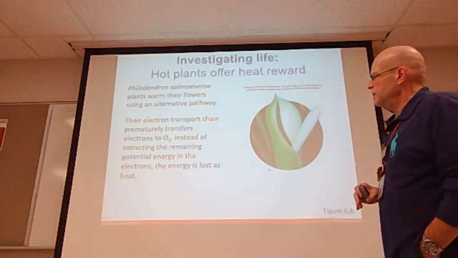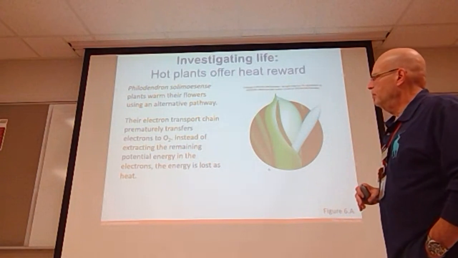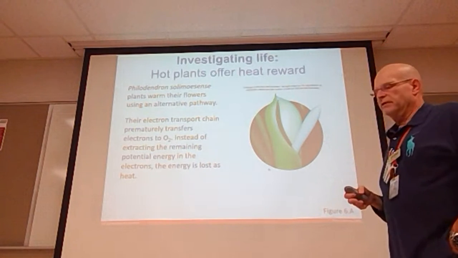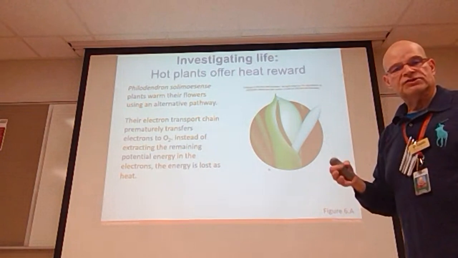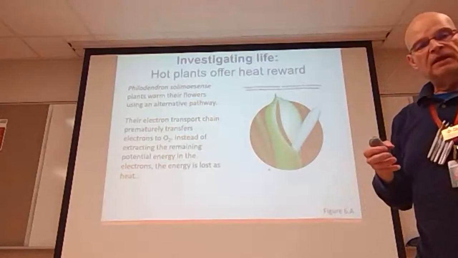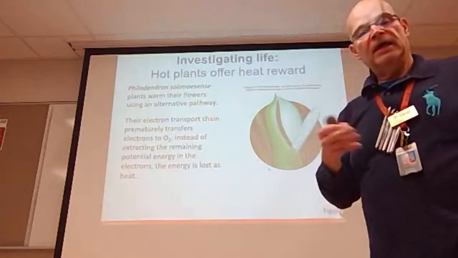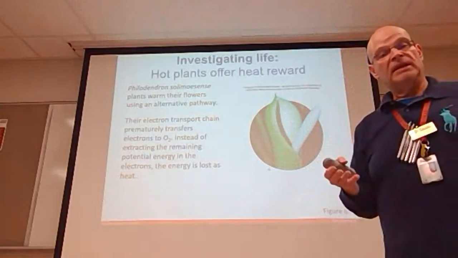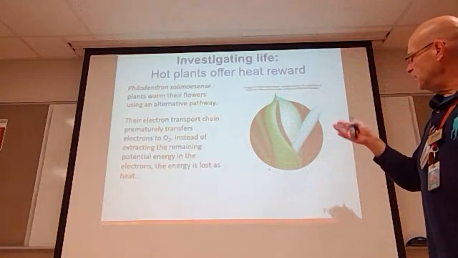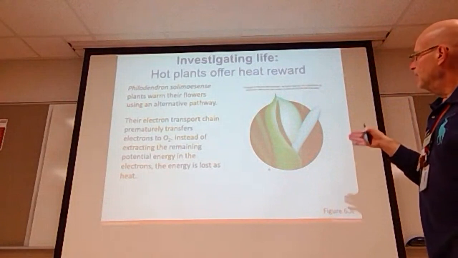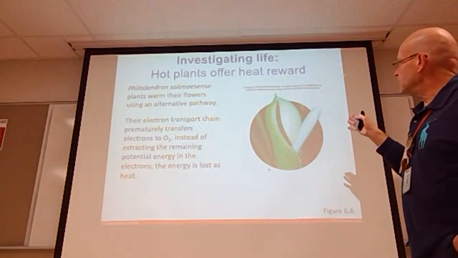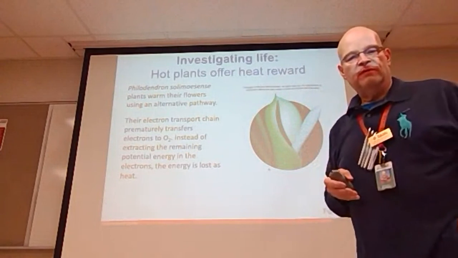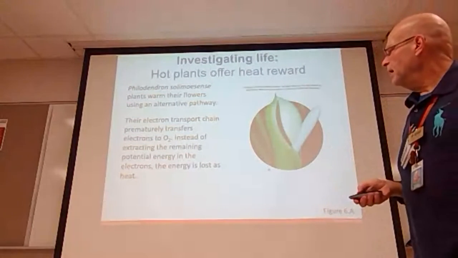What happens is in their electron transport chain, they prematurely transfer electrons to oxygen, which instead gives them a faster, and what did I say a moment ago would happen if you release the energy too quickly? If you released too much energy in that electron transport chain, a lot of it would be lost as heat. This particular plant does that, and by doing that, the flowers actually are warm. The petals and the stamens and stigmas are warm.